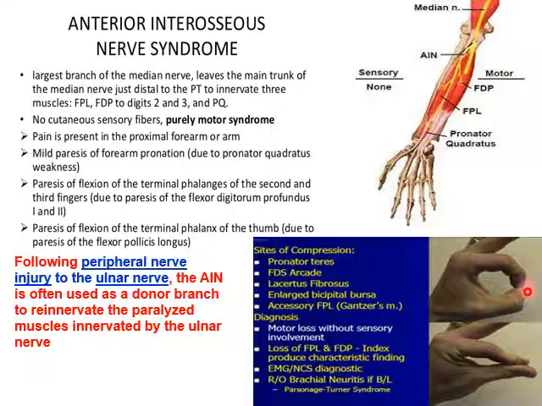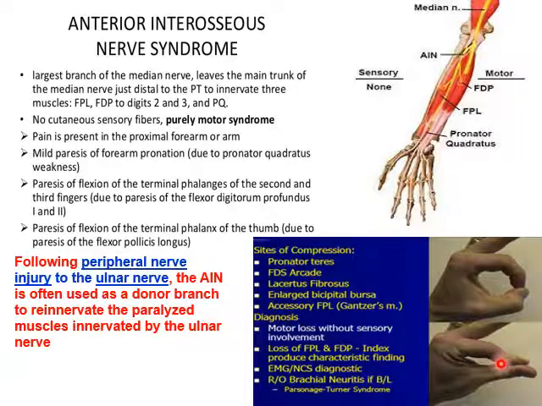And the opposition of the fingers, the flexion of the terminal phalanx is lost because of the flexor digitorum profundus and the flexor pollicis longus.